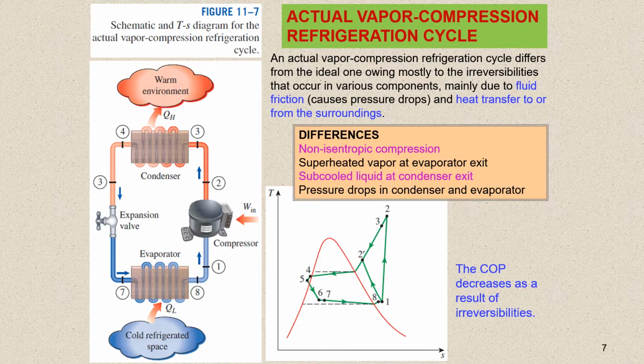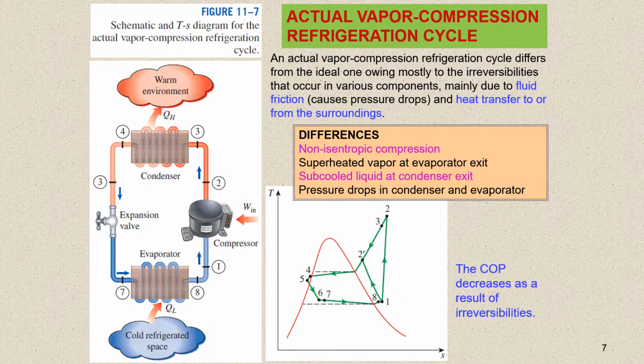The actual compression process, however, involves frictional effects, which increase the entropy, and heat transfer, which may increase or decrease the entropy depending on the direction. Therefore, the entropy of a refrigerant may increase during process 1 to 2 or decrease during process 1 to 2 prime during an actual compression process, depending on which effects dominate.